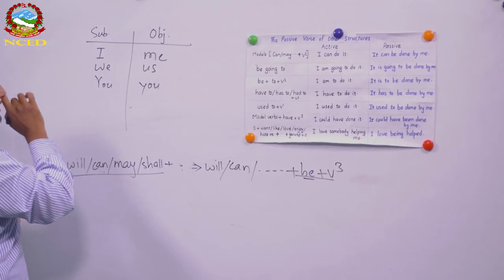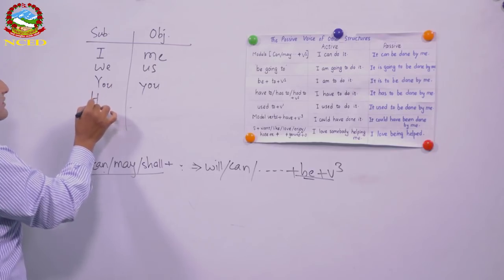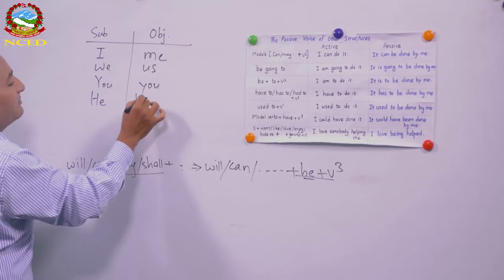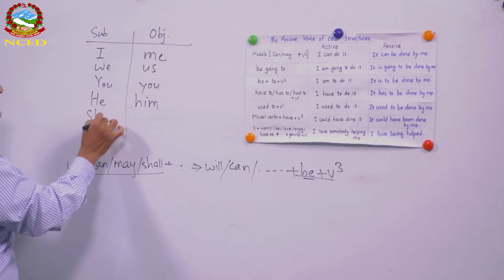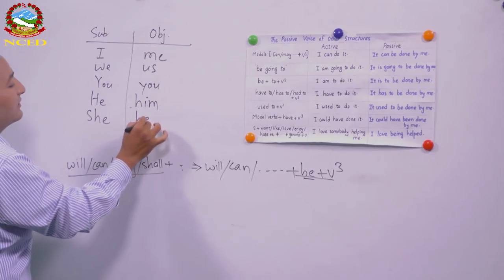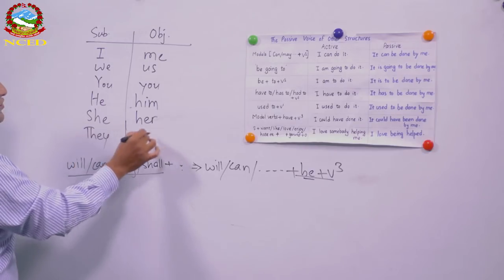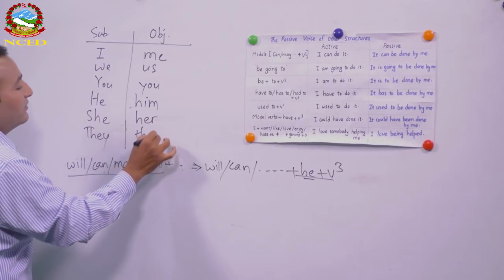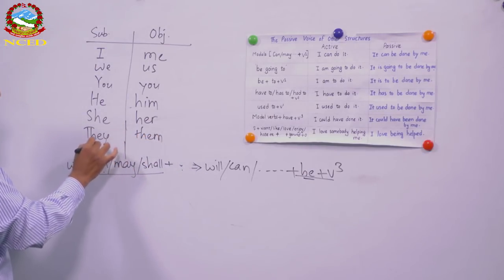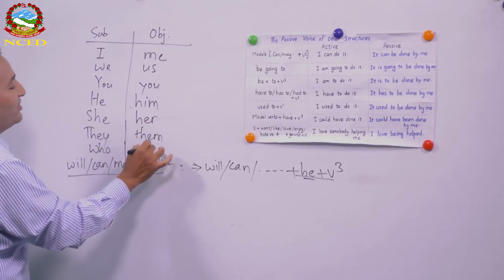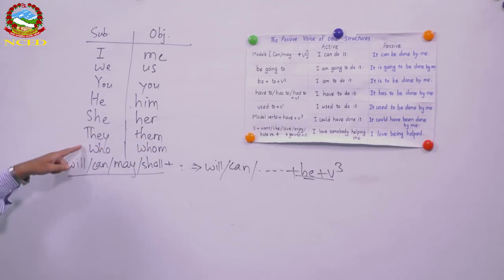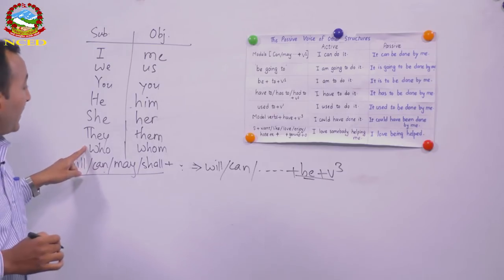If there is he, in objective case, him. If there is she, in objective case, her. If there is they, we use them. And if there is who, we use whom. It comes in a who question.